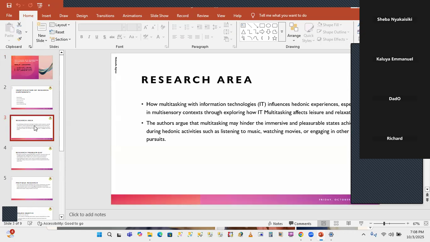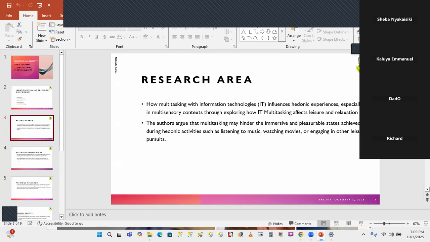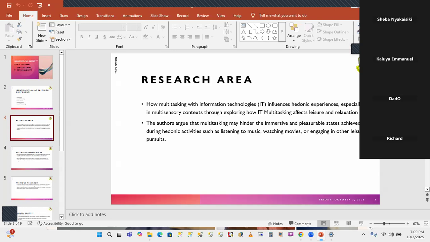Our research area is about how multitasking with information technologies influences hedonic experience, especially in a multisensory context, through exploring how IT multitasking affects leisure and relaxation.